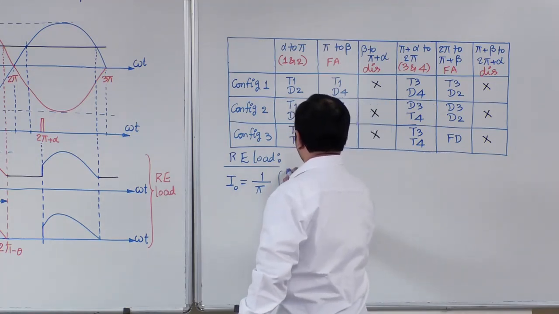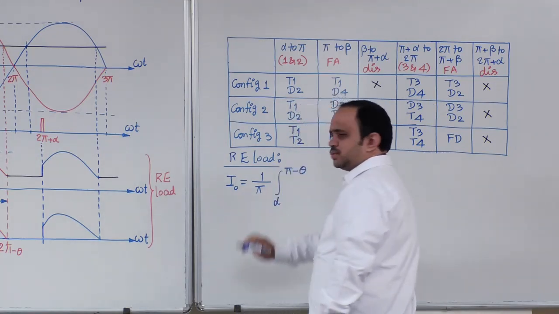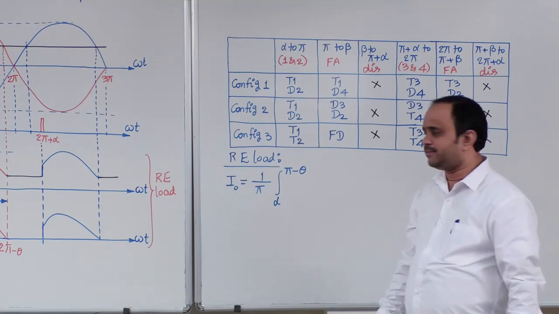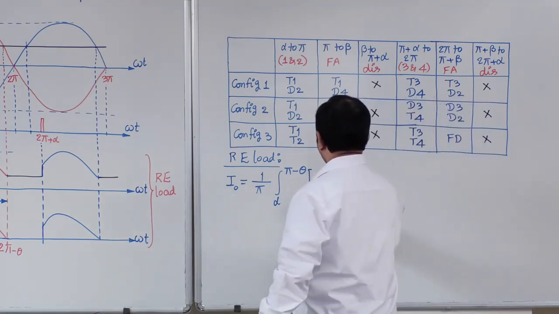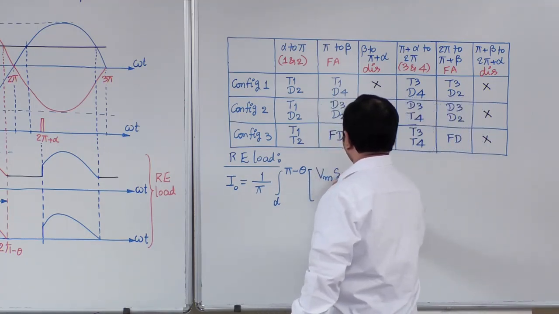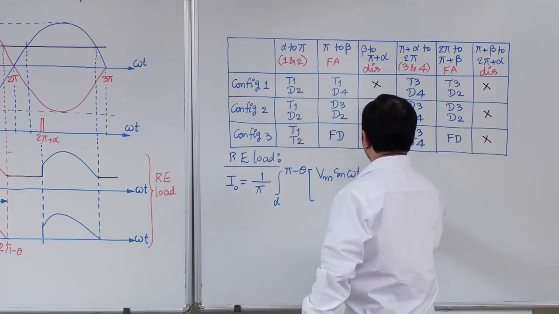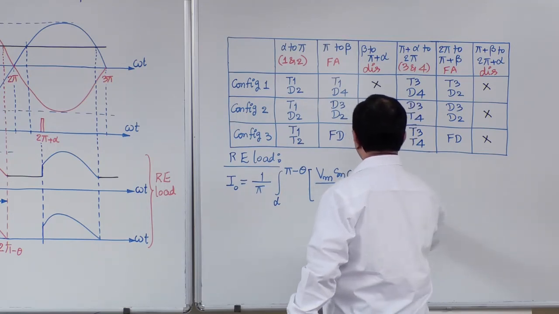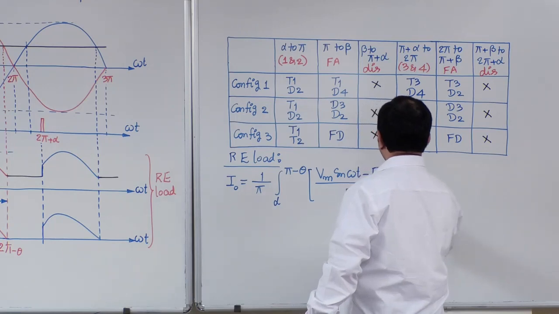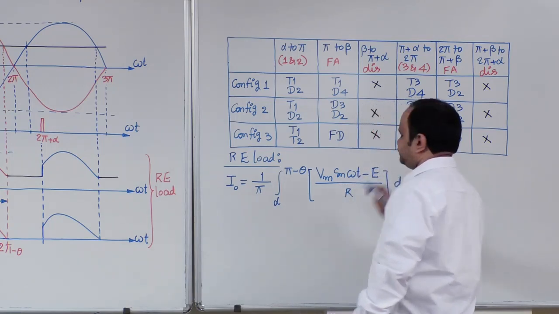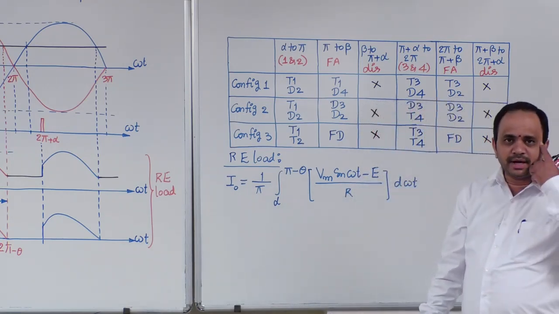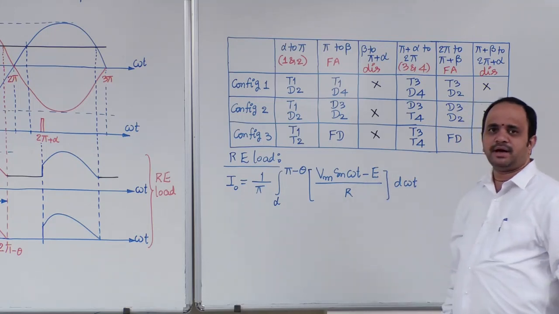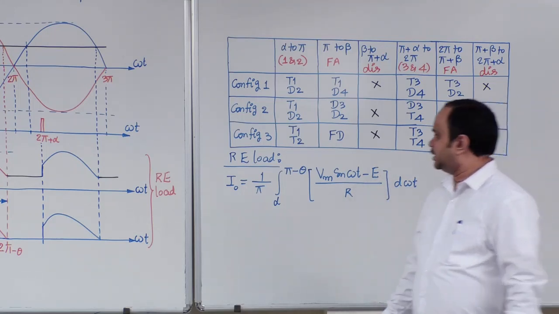Integration limits are from alpha to pi minus theta, and it is Vm sin omega t minus E divided by R, d omega t.